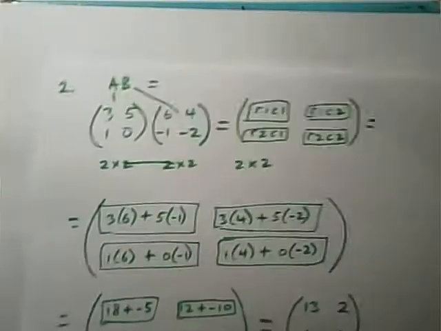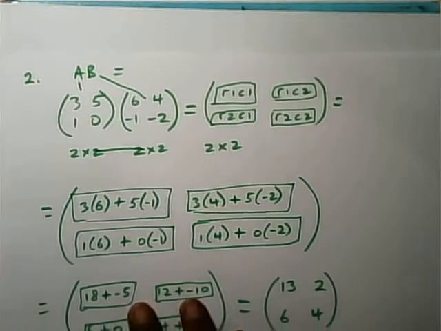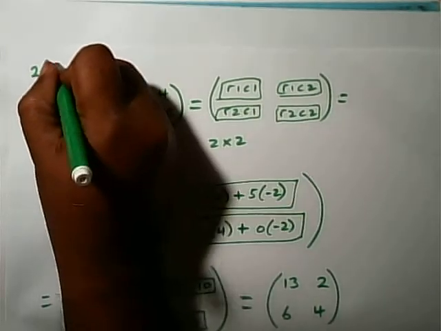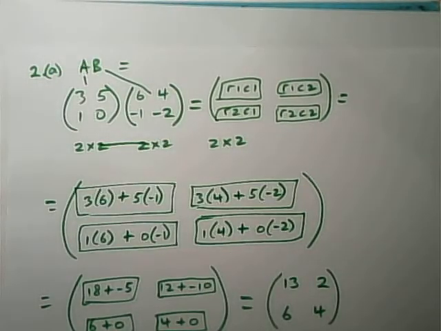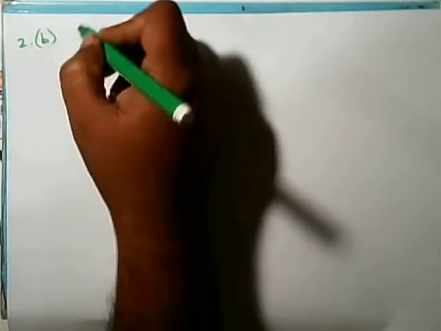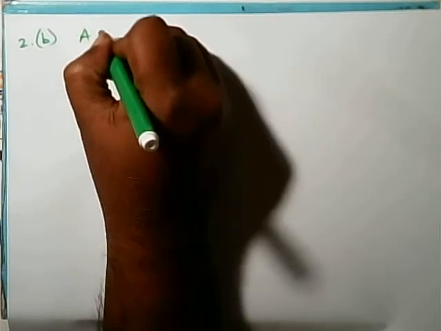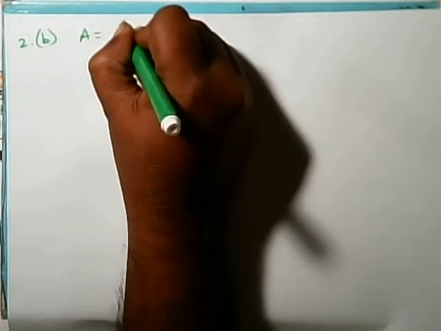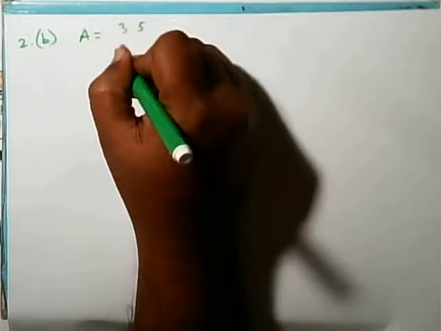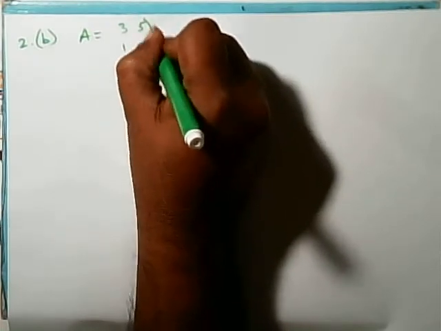That was question 2A. Now we're on question 2B. Let's review. A is equal to 3, 5, 1, 0.